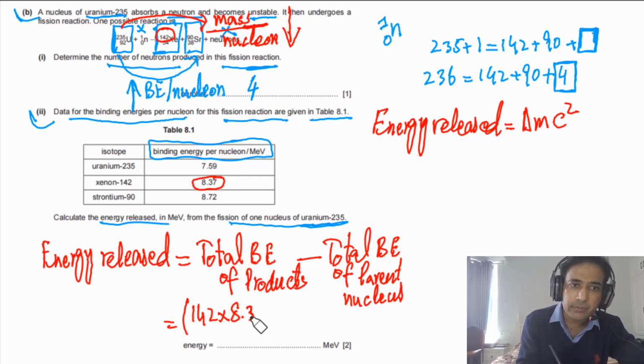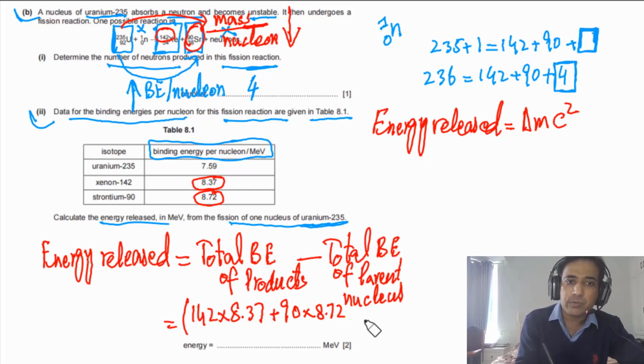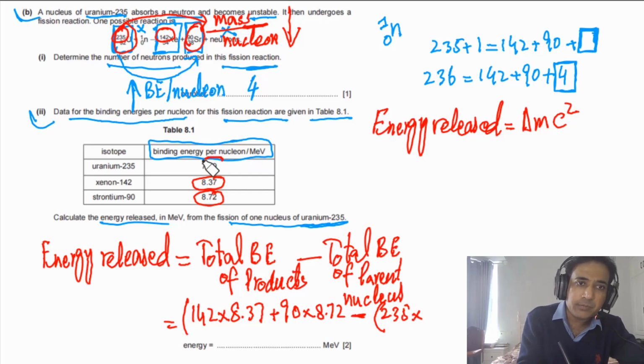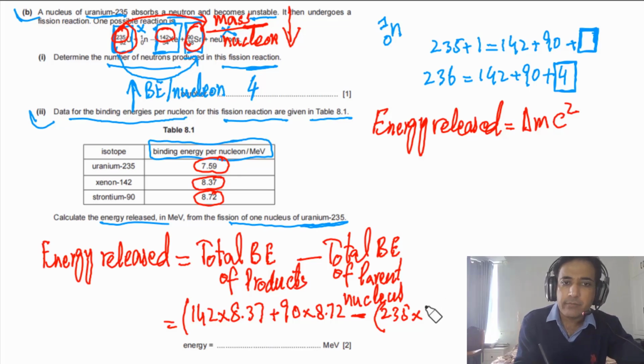So we multiply 142 with 8.37, plus for this nucleus the nucleon number is 90 and binding energy per nucleon is 8.72, so 90 times 8.72, and minus, negative, here we have the nucleus with 235 nucleons, and binding energy per nucleon is 7.59.